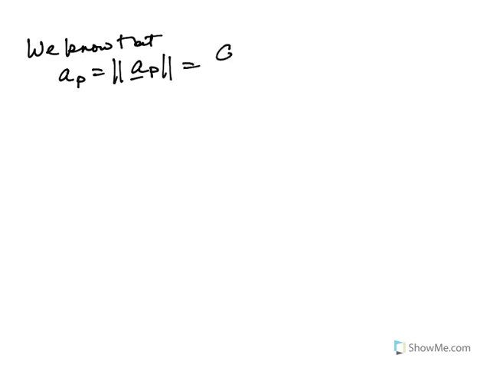So now what we're going to do is we're going to actually use this information as follows, which is that we know that A sub p, which is the magnitude of little a sub p, is equal to g times the mass of the planet, all divided by r squared.